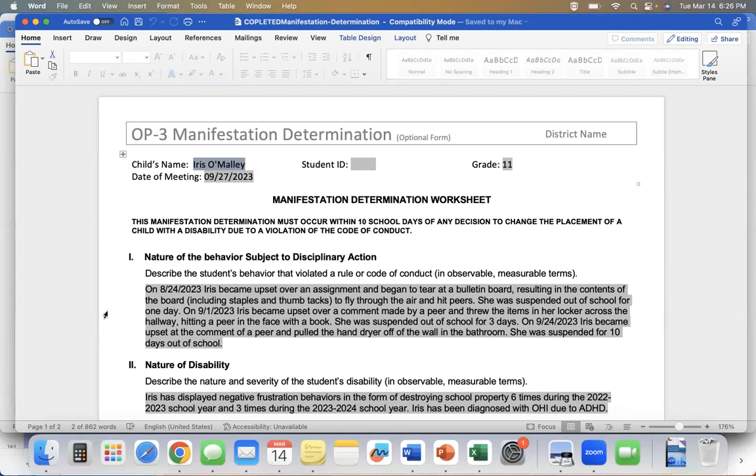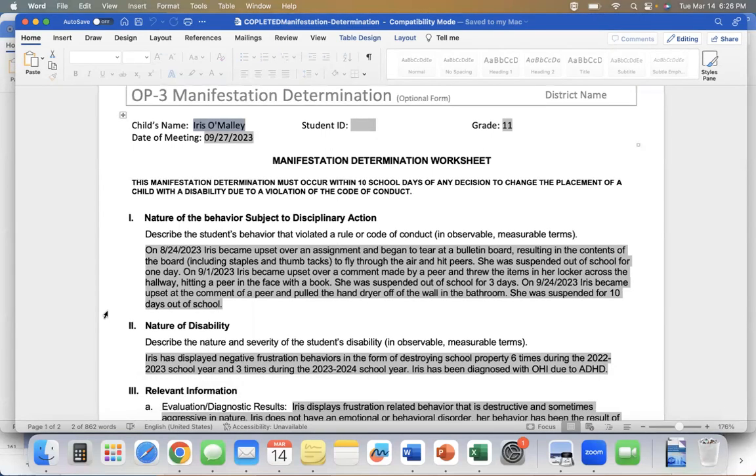She has an OHI for ADHD, and she has had some very impulsive behaviors here. So we could argue that she does have diagnosed impulsivity. So we could say, well, is this a manifestation of that? Well, it could be, yes, because she is impulsive and she's acting impulsively.